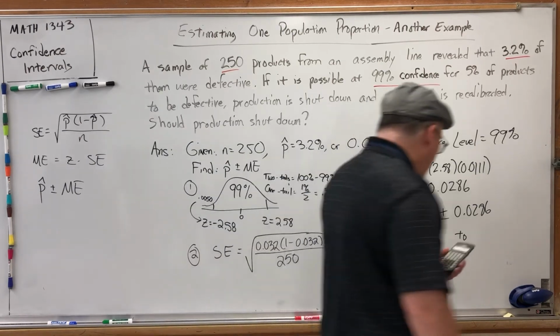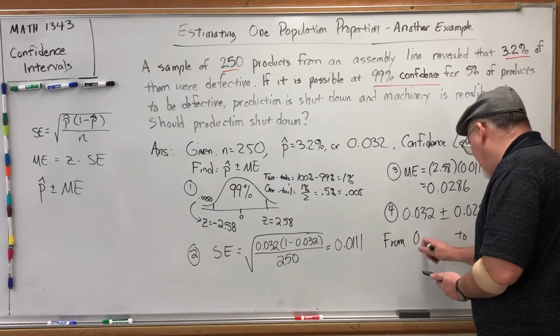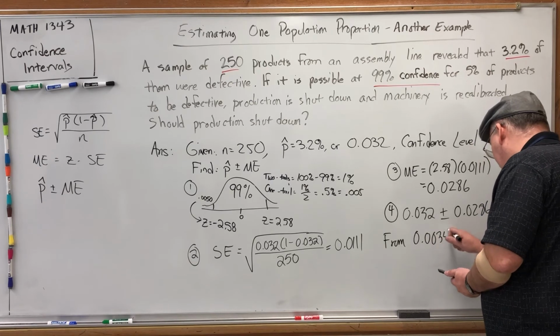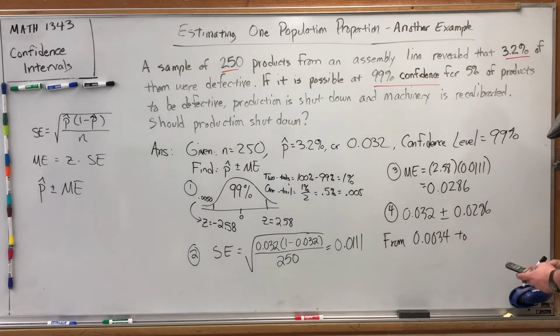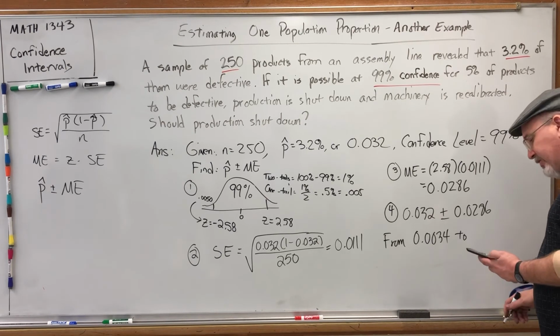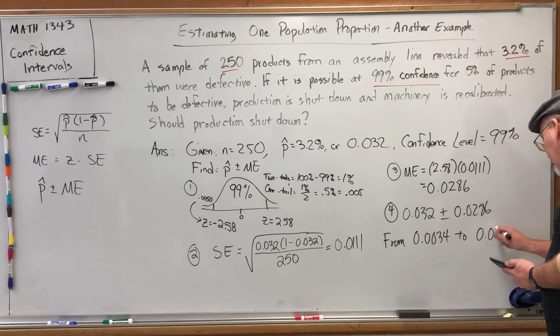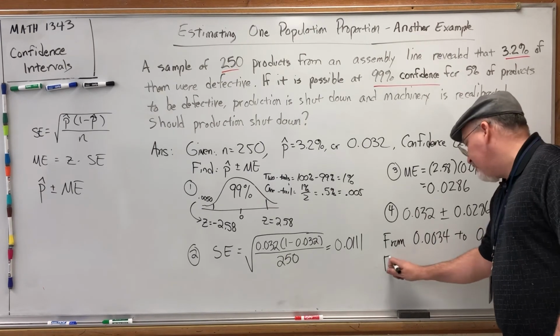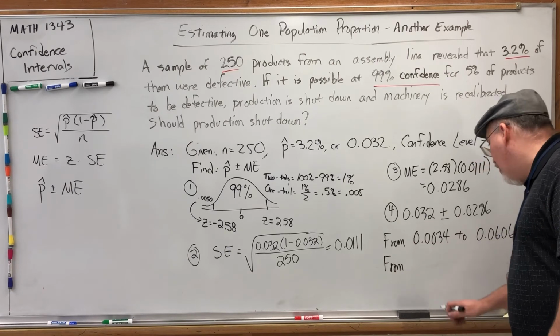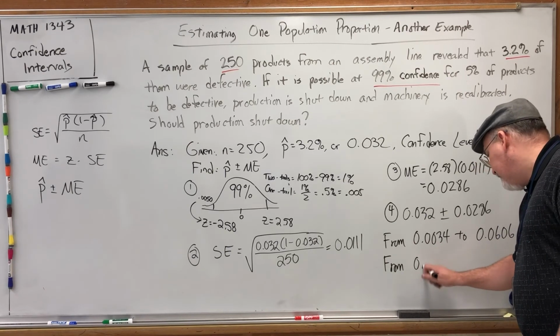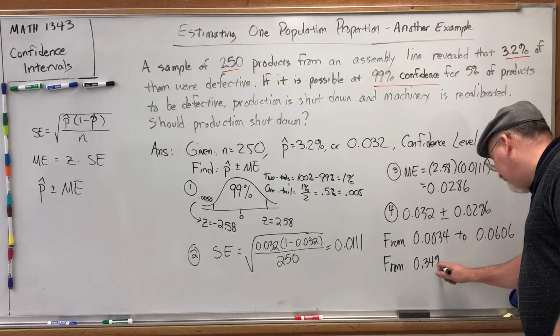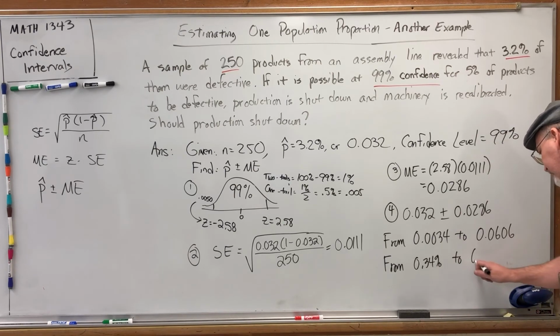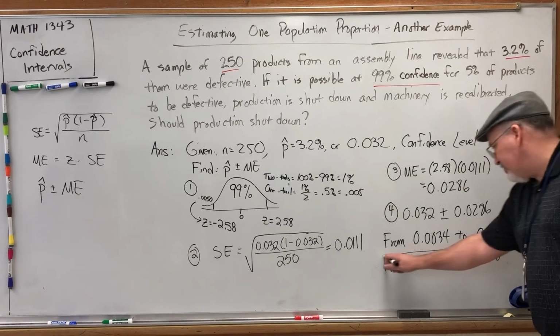The difference is 0.0034. But the sum is 0.0606. And since we're interpreting this in the context of percents, it goes from almost 0%, 0.34%, to 6.06%. So as a confidence interval question, here's our answer.